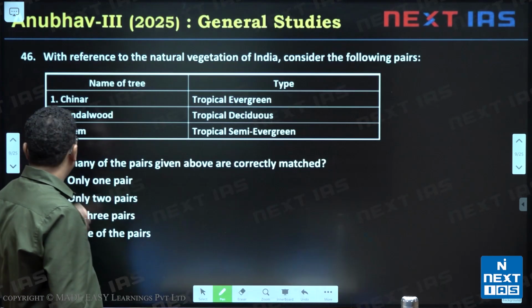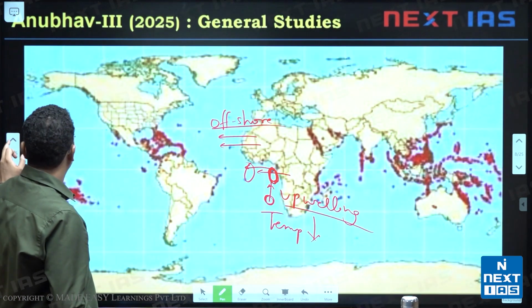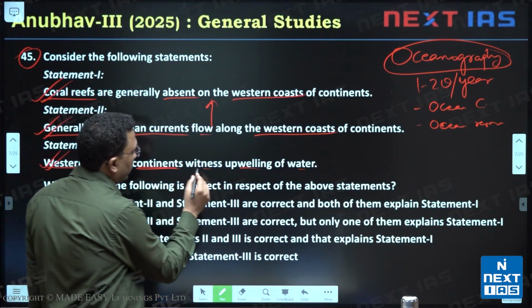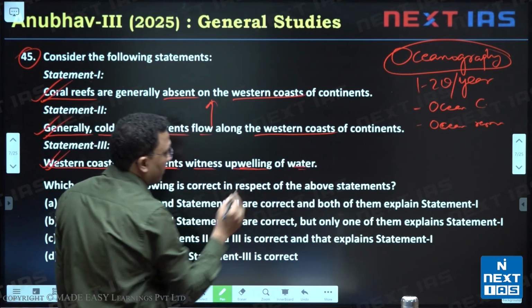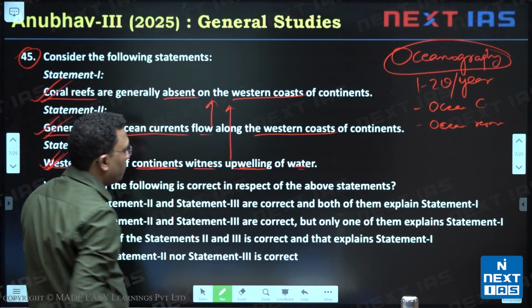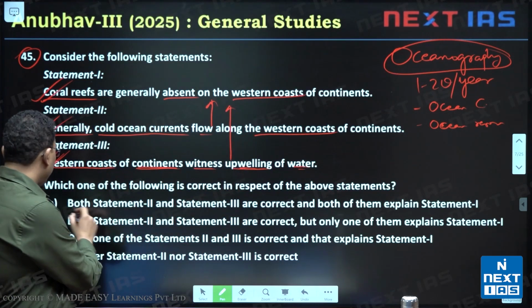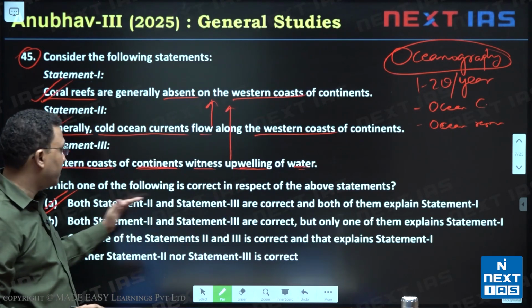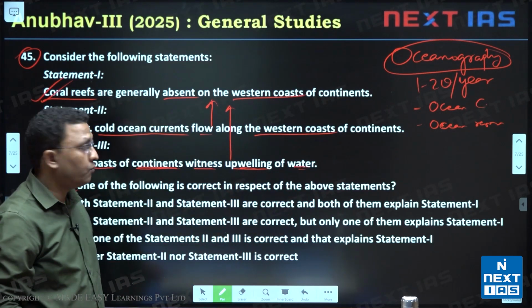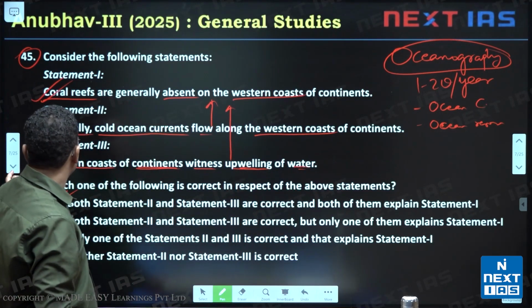And this is what the third statement is saying: western coast of continents witness upwelling of water. This is correct, and this also explains statement 1. So that means A is the correct answer. Both statements 2 and 3 are correct, and both of them explain statement 1, right?